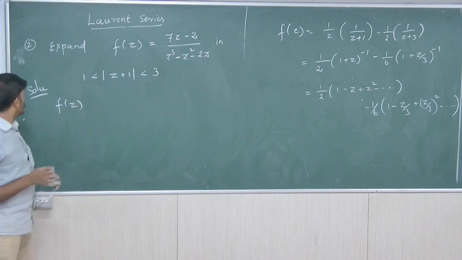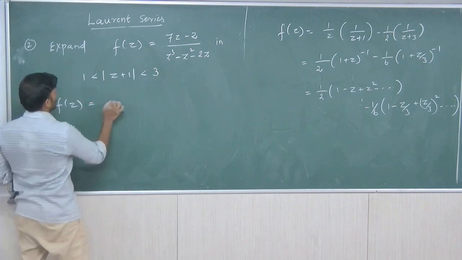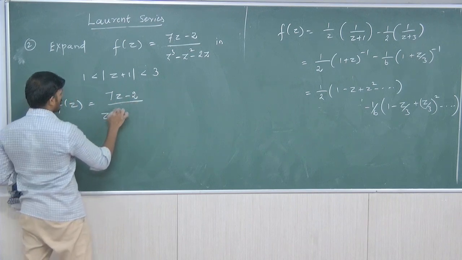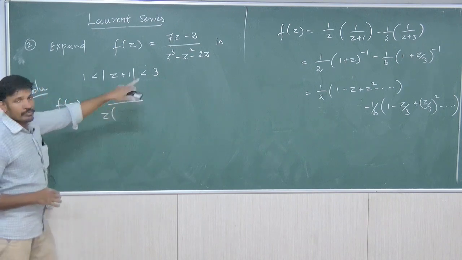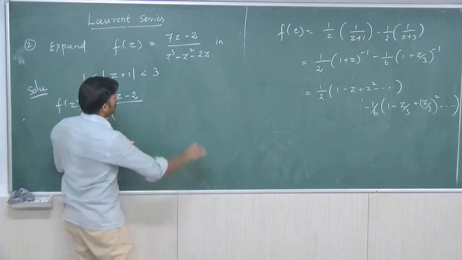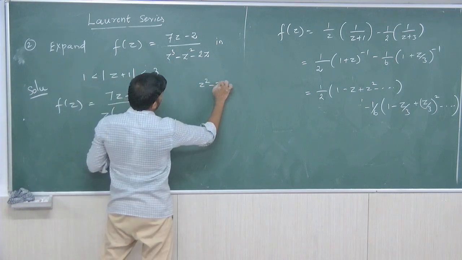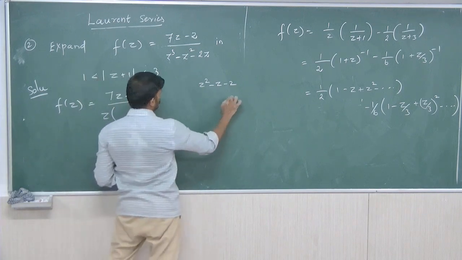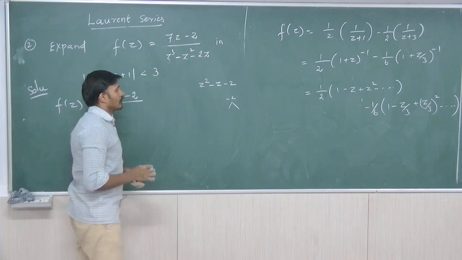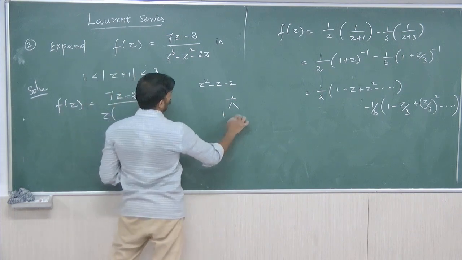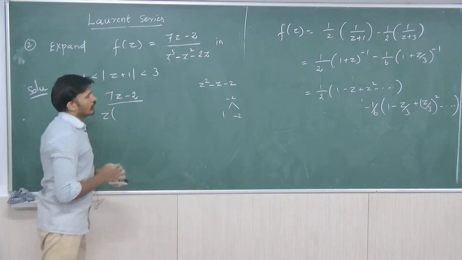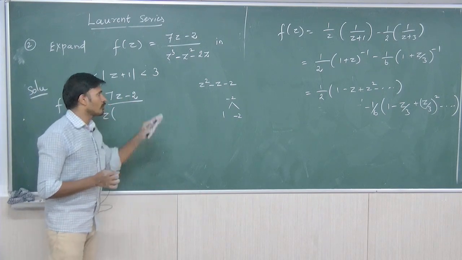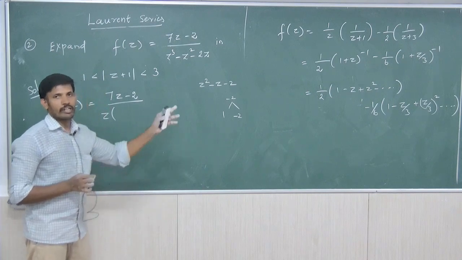So f of z equal to 7z minus 2. If you take z as a common term, you get z square minus z minus 2. You can use factorization: write minus 2 as 1 into minus 2; if you multiply you get minus 2, and if you add you get minus 1.